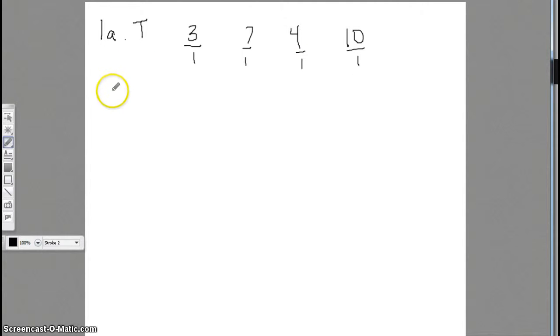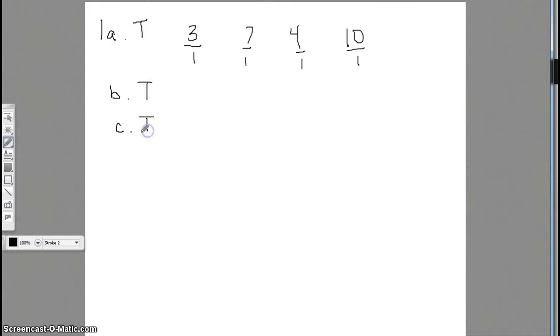Let's look now at B. Letter B says the square root of a number can be a repeating decimal, and that is true. Okay, let's look at part C. Every positive number has 2 fourth roots, and that is also true.